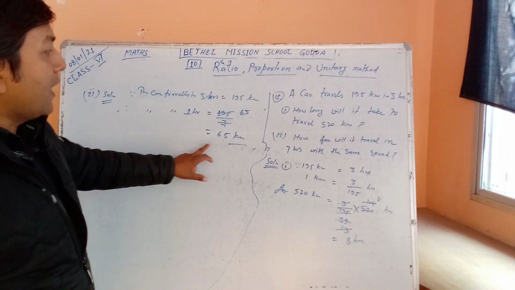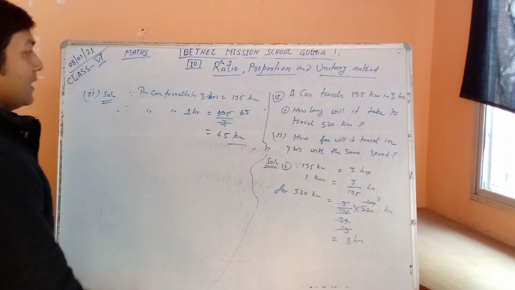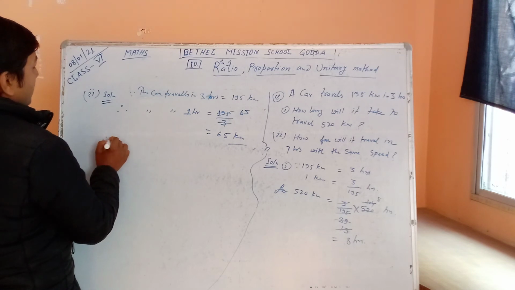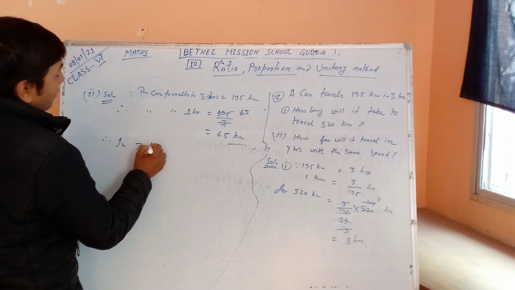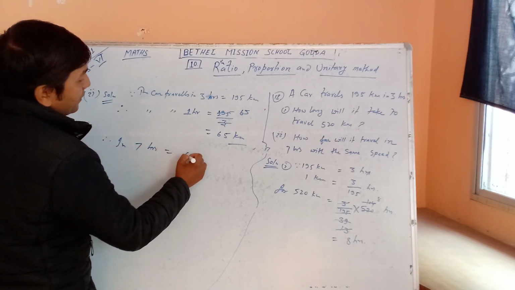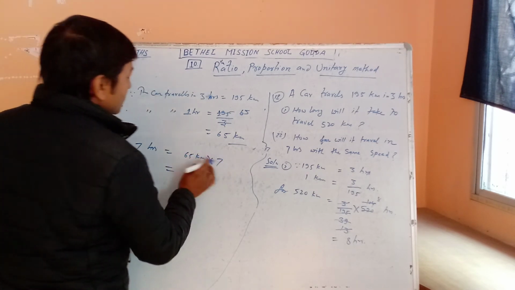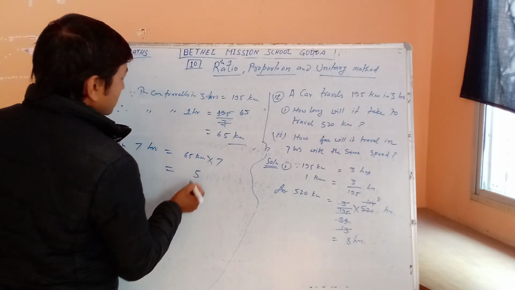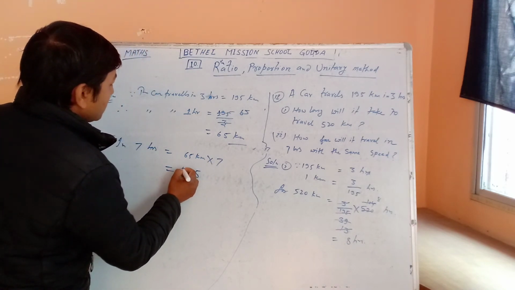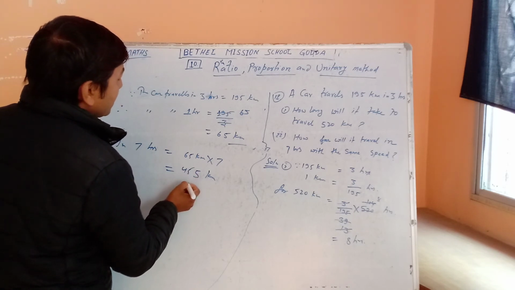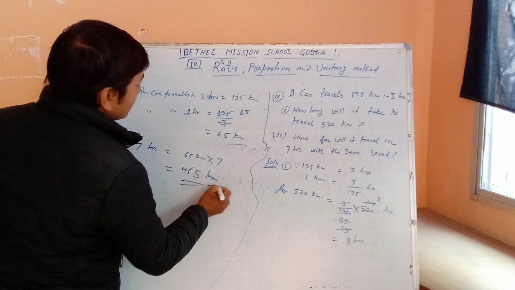So now you have to find the value for 7 hours. Therefore in 7 hours, 65 kilometers into 7, which is 455 kilometers.